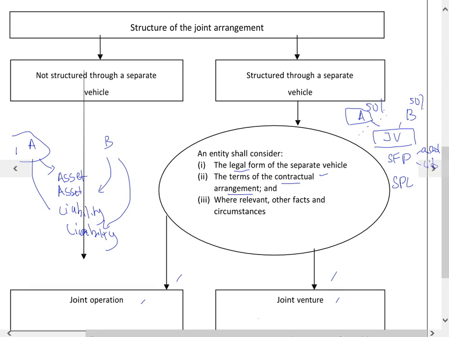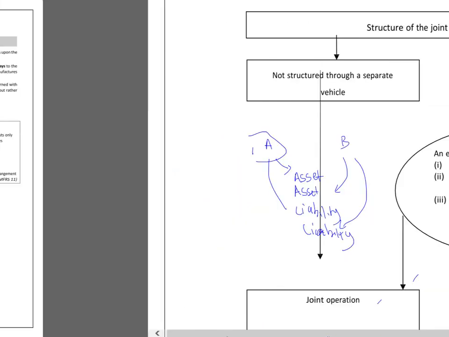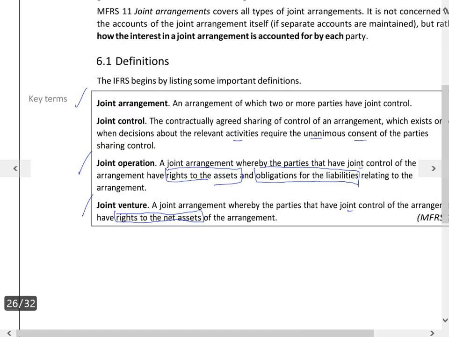You are A. The asset and the liability are owned by JV. So you only have a right towards JV, not the individual asset. So you have a different meaning here. As in rights to the asset, obligation to the liability means your individual asset, individual liability. But this one is not the individual asset, but through the company, the net asset of the arrangement. Okay?